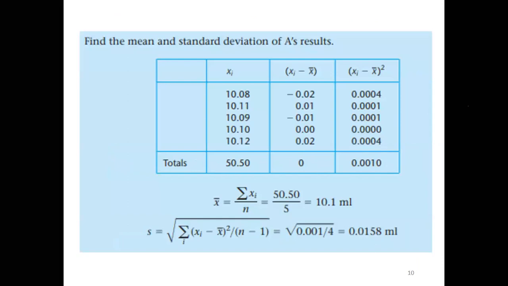This is a simple example showing how to calculate the mean and standard deviation. These are the results, and then we calculate the mean. We take the summation of all and divide by n, and the mean is 10.1. When you calculate the standard deviation, first take the difference, then take the square of the difference.